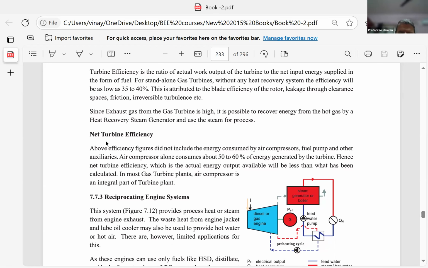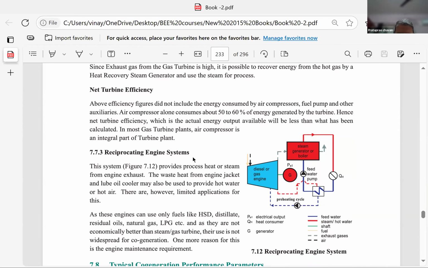Okay. Net turbine efficiency. What is net and what is gross? The above efficiency figures did not include the energy consumed by the air compressor, fuel pump, and other auxiliaries. The air compressor alone consumes about 50 to 60% of the energy generated by the turbine.